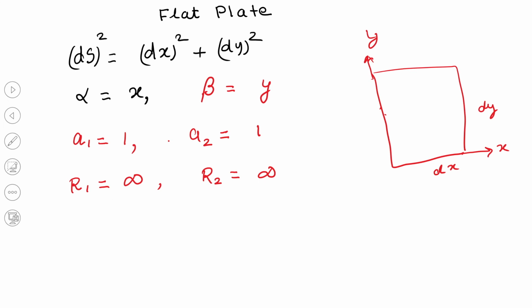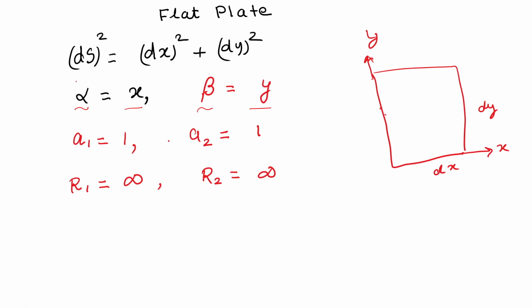Let us say I want to find out the equation of a flat plate. Can I deduce that plate equation from this shell governing equation? For the case of a plate, the parameter alpha is x and beta is y.